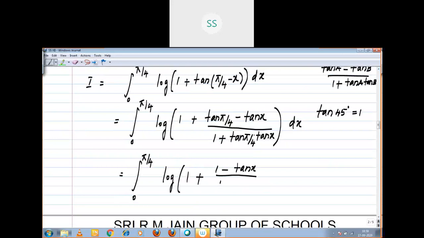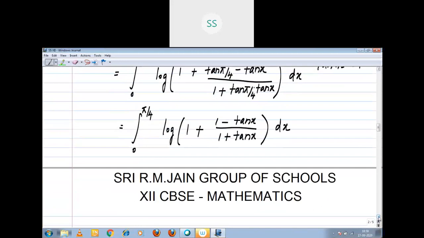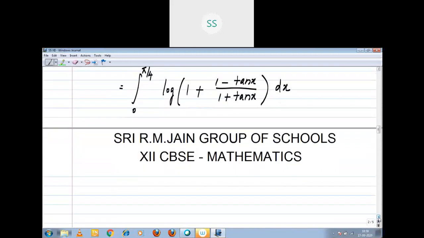You know the value. Tan pi by 4 is equivalent to what? Tan 45 degrees equal to 1. So, I am going to remove the tan 45 degrees. Right? One minute, children.